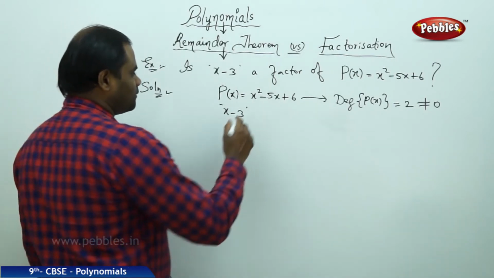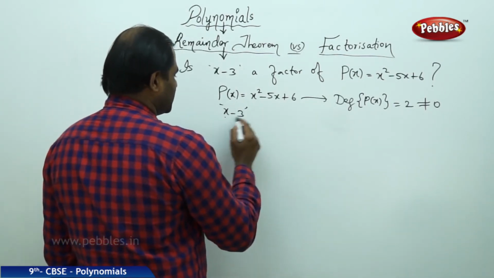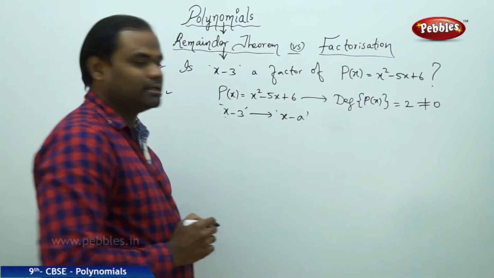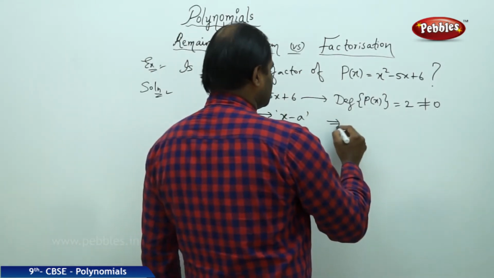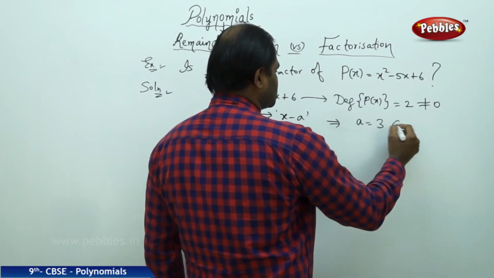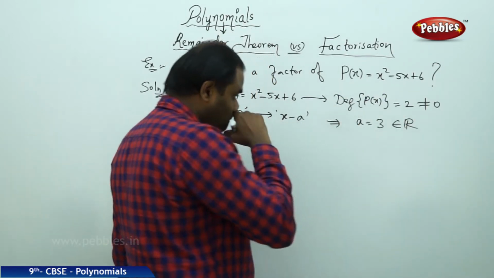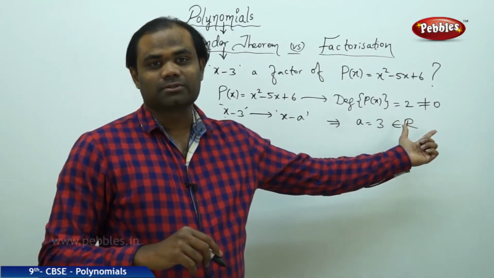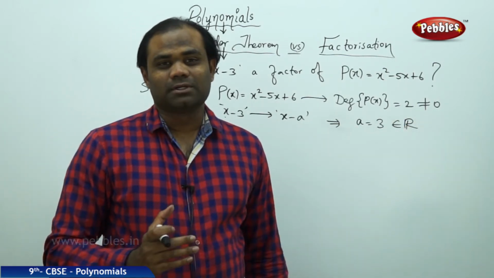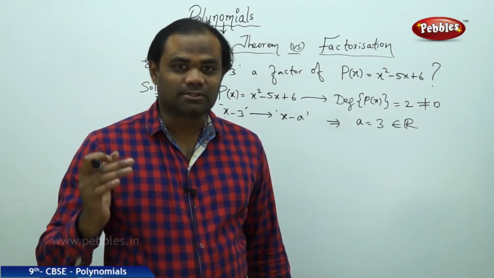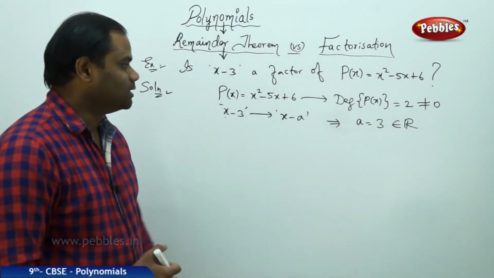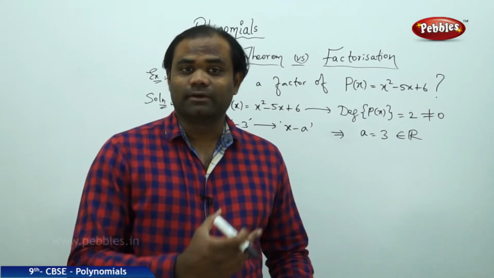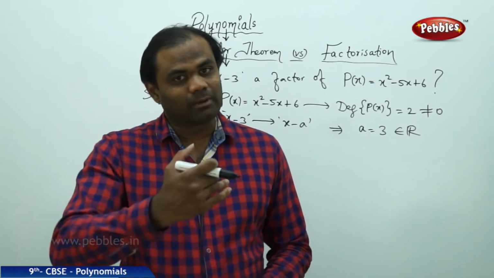And the second thing I find here is that my x minus 3, when compared with the factor x minus a, clearly says that a is 3, which belongs to real numbers. So the degree being non-zero and the value a belonging to the set of real numbers is the condition for the existence of the remainder theorem. Now with these two conditions, let's see what the remainder is for the given polynomials divided one by the other.